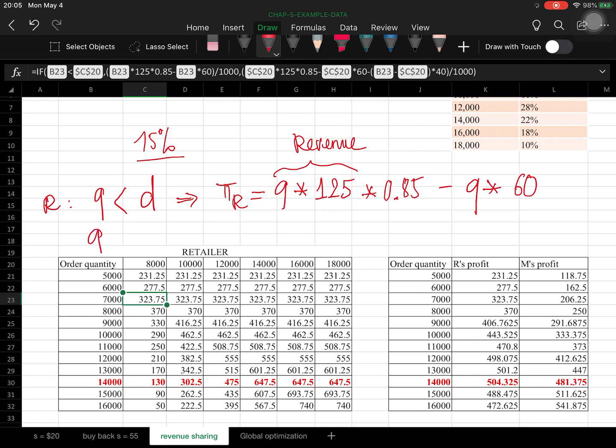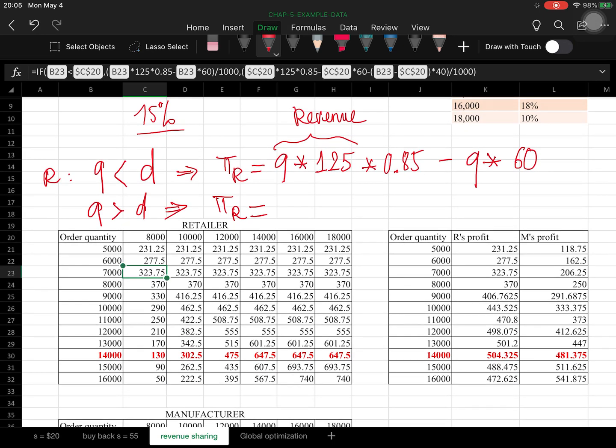How about if the order quantity is larger than the demand? So the revenue they get is equal to, they can sell the demand D, right?